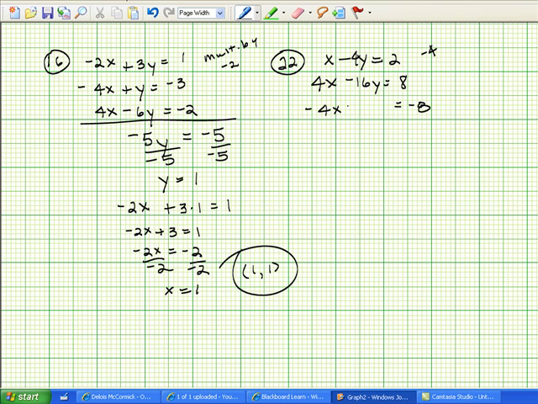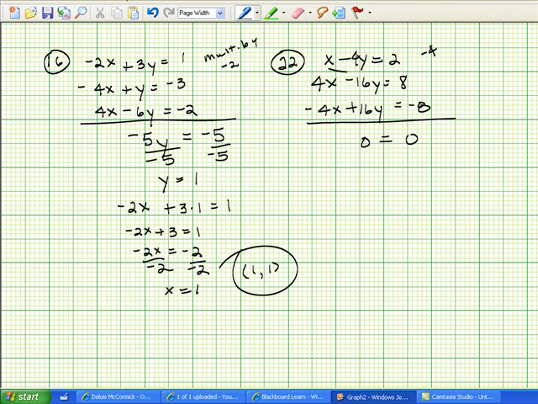Okay, so what does it mean when we get a true statement? It means that the two lines are exactly the same. So, let's solve that top equation here for x. X equals 4y plus 2. It's the easiest one to solve for.